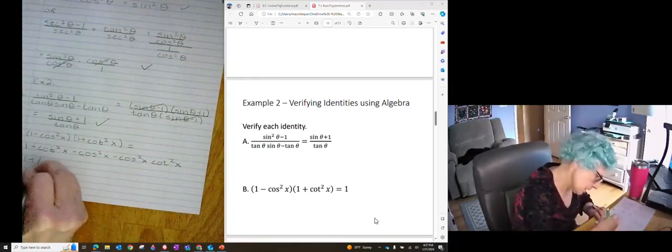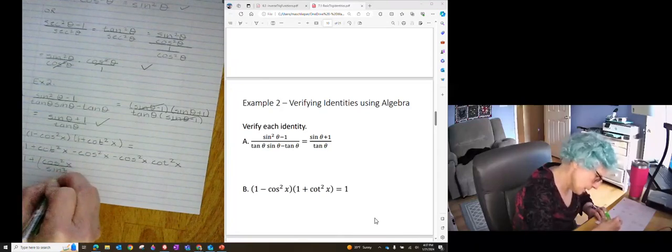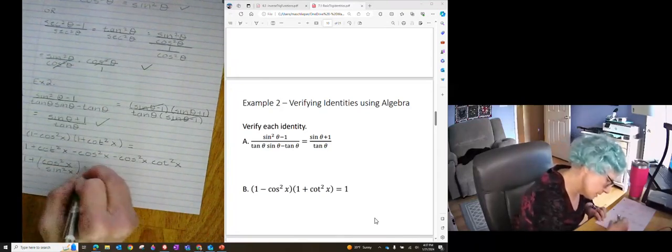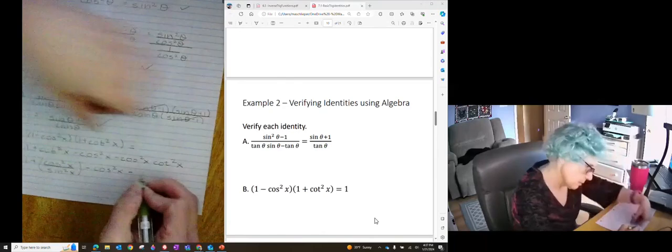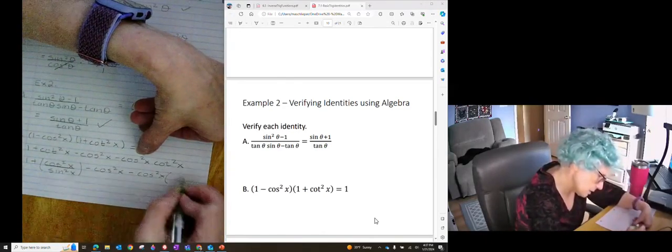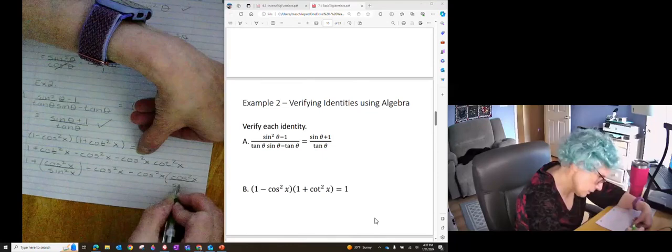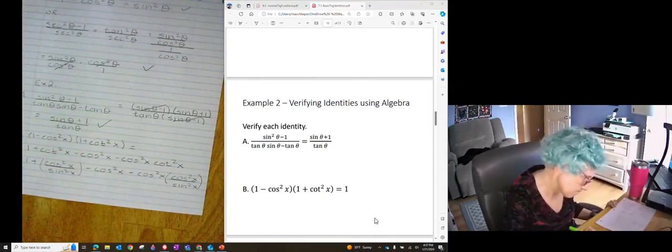So cotangent squared is cosine squared of x over sine squared of x, minus cosine squared of x, minus cosine squared of x times cosine squared of x over sine squared of x.